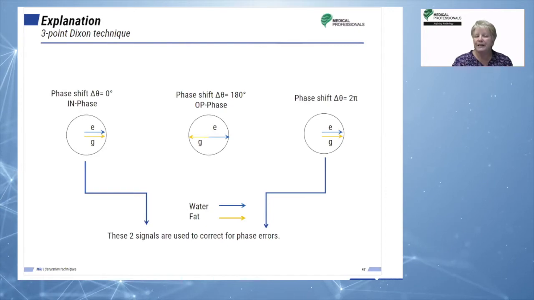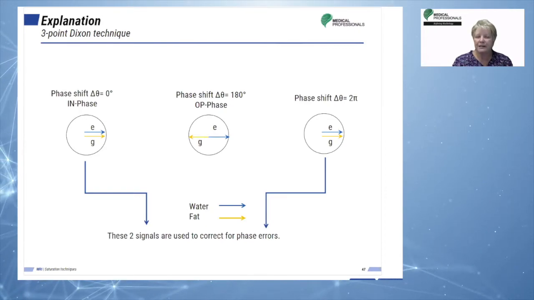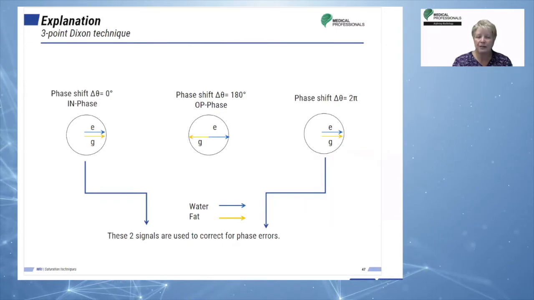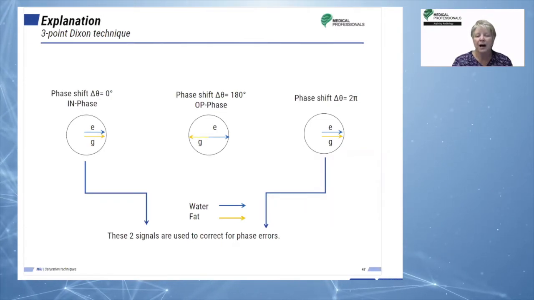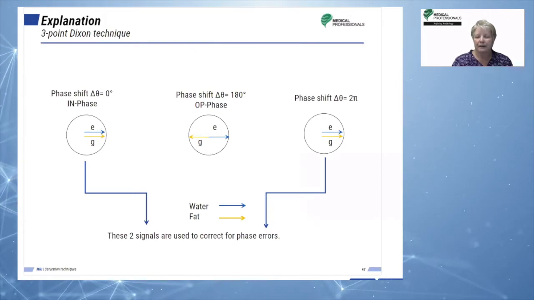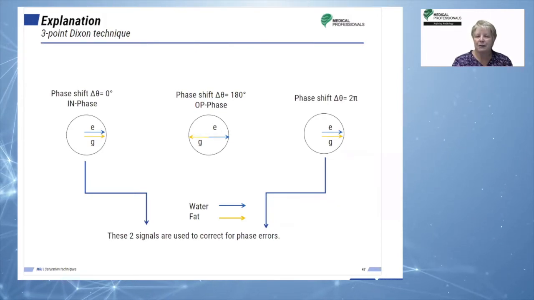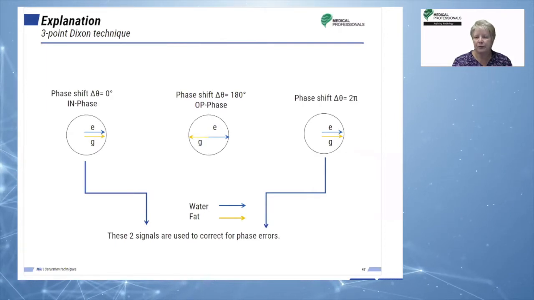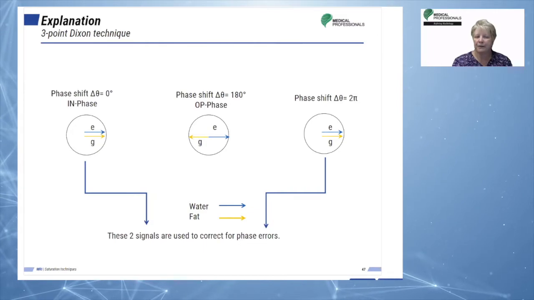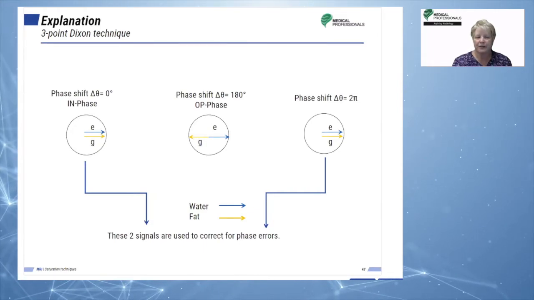The 3-point Dixon method is very similar to the 2-point Dixon method, except that an extra image is required where water and fat spins are dephased by an angle equal to half of pi. This third image is used to correct for miscellaneous phase errors.